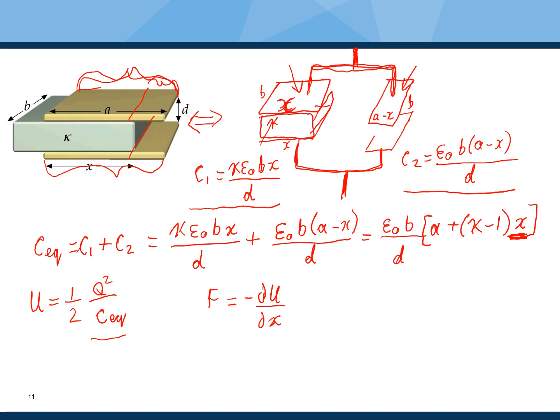Notice that the potential energy when the charge is constant is proportional to the reciprocal of the equivalent capacitance, and the equivalent capacitance achieves its largest value when the dielectric completely fills the region between the two conducting plates. Therefore, the potential energy reaches its lowest value when the slab is fully inside the capacitor, and this tells us that the slab is energetically favored, or chooses to go fully inside the capacitor.